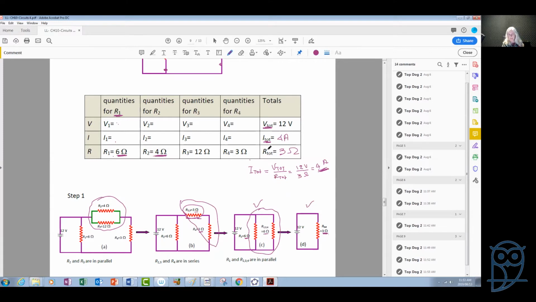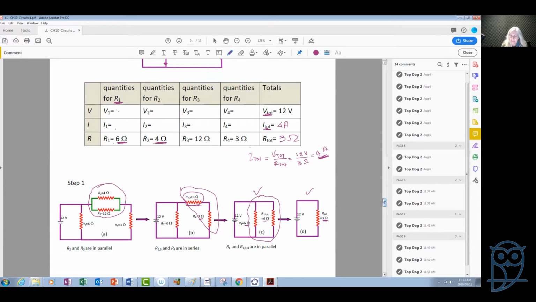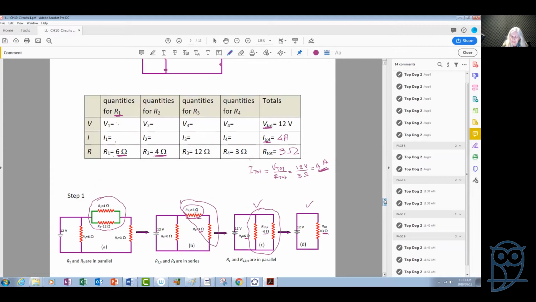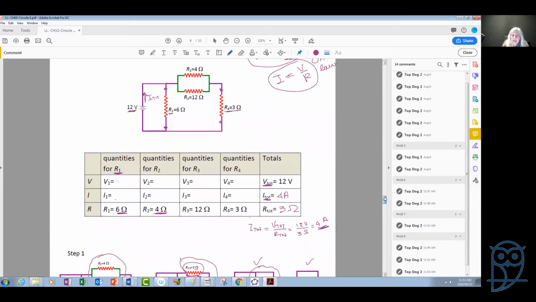So we already found some good stuff here. All right. Now let us look again. Do we know anything else, actually? Let us look at this initial circuit, which is the same as this one.